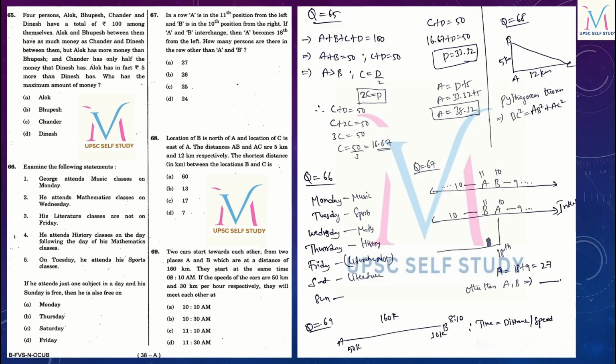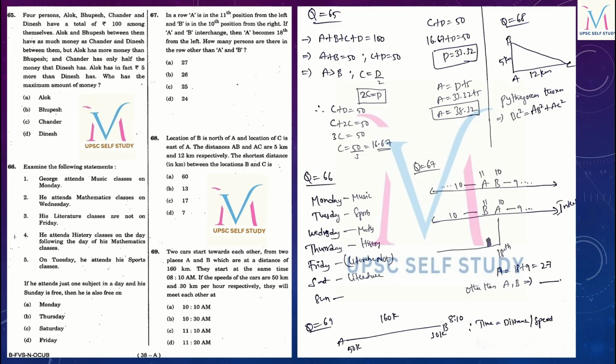By adding this we get 169. So BC square is equal to 169. The square root of 169 is 13, since 13 into 13 is 169. So the BC side is 13 kilometers. The shortest distance is 13 kilometers. For the 68th question, the answer is 13, option B.